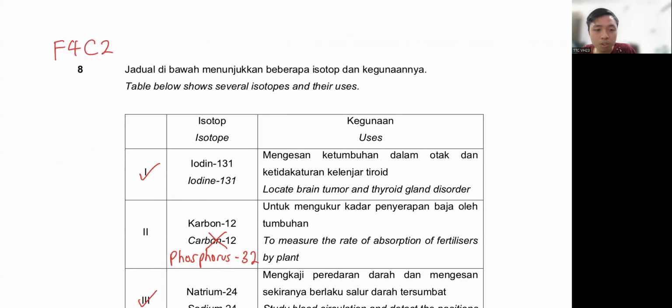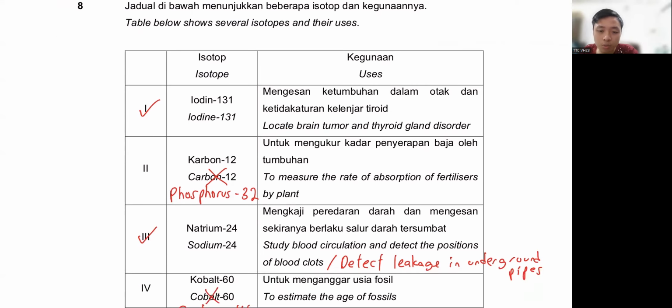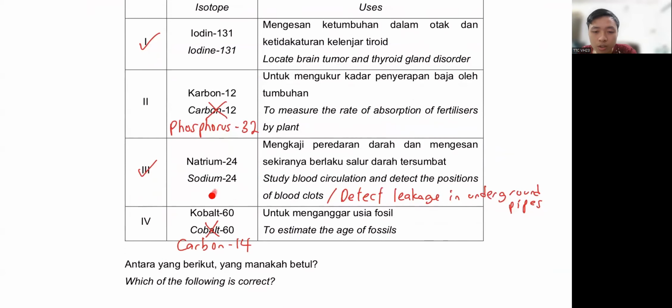Question 8 is from Form 4 chapter 2. This one is about isotopes. So first one is correct. Iodine 131 is used to locate brain tumor and thyroid gland disorder. And this one you remember the isotope function. Number 2 is wrong. This one is phosphorus 32 to measure the rate of absorption of fertilizer by plant. The third one is correct actually. Study blood circulation and detect the position of blood clots.